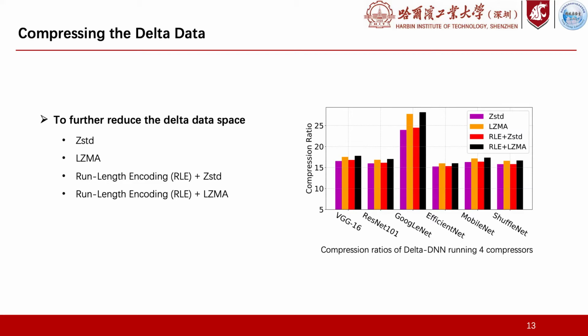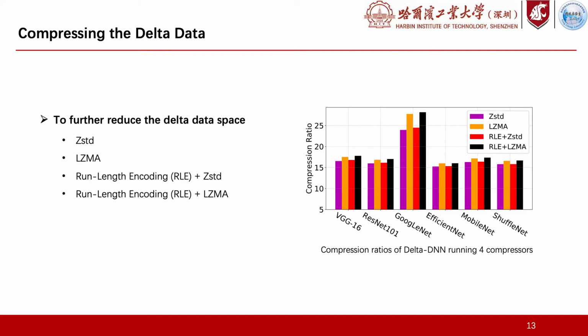The last step is compressing the delta data. In the first two steps, we have calculated the lossy delta data with the optimized error bound. For further compressing the delta data, we use a lossless compressor to compress the integers. Considering the delta data are calculated from very similar floats, we test some combinations of Zstandard, LZMA, and run-length encoding lossless compressors.